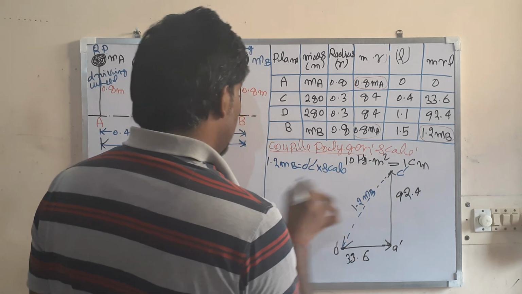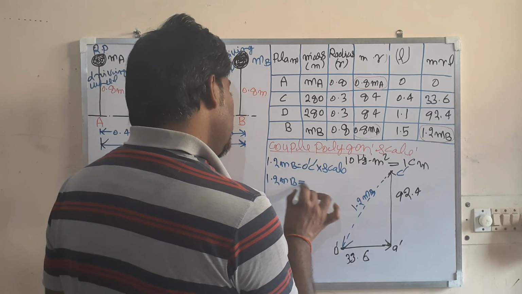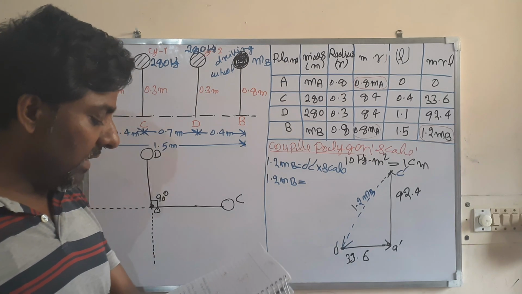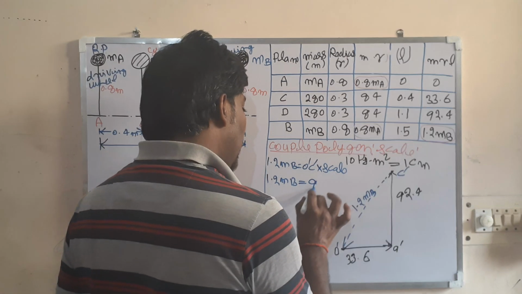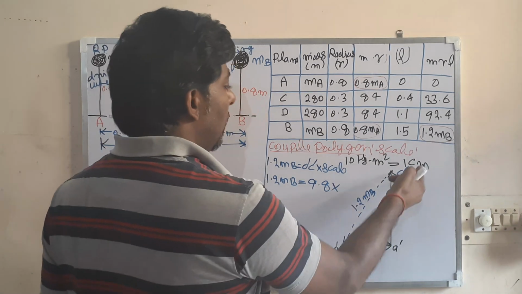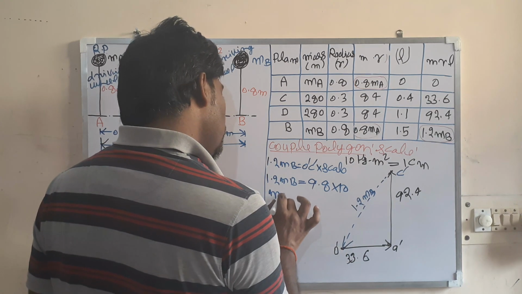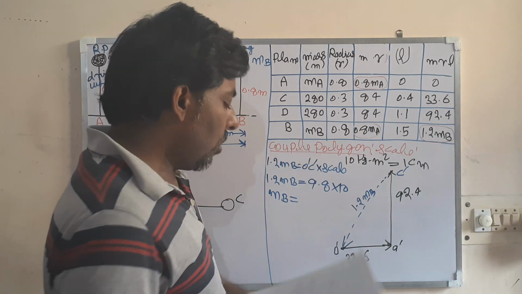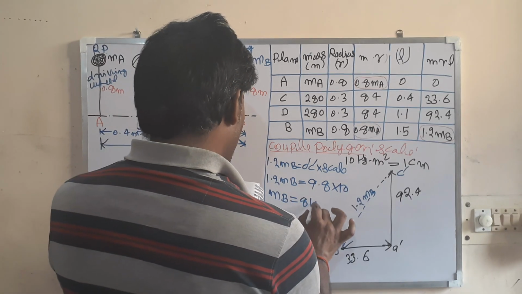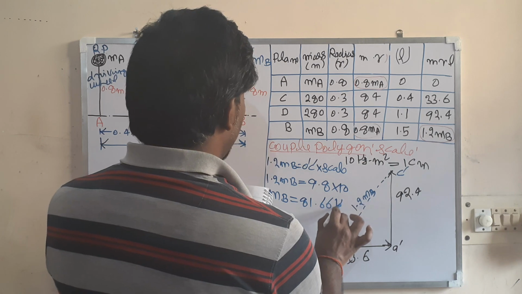Let us measure the value of O dash C dash. I am getting 9.8 centimeters in my scale, and 1 centimeter is equal to 10. So from here you get the unknown mass MB equal to 81.66 kg.